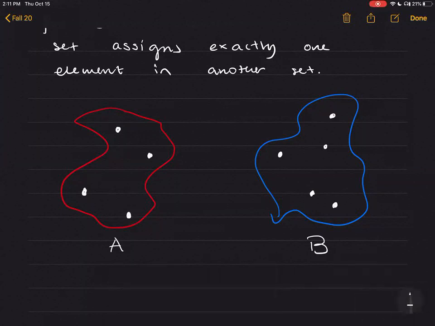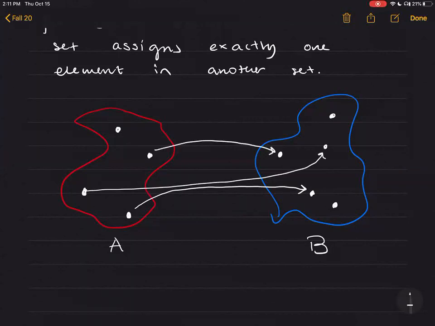So my f could be something like, I could take this point and send it to that one. I could do this point and send it to that one. I could take this one and send it over here. And I could even assign the same point to two of them. So that's okay. Good. So this is a picture of a function.